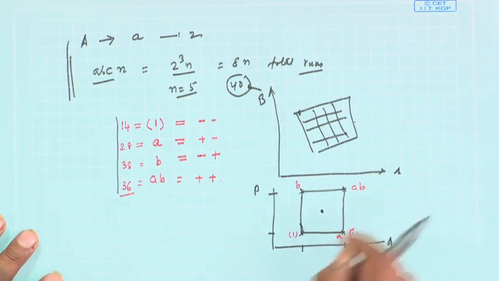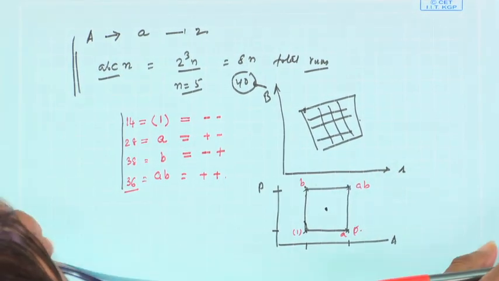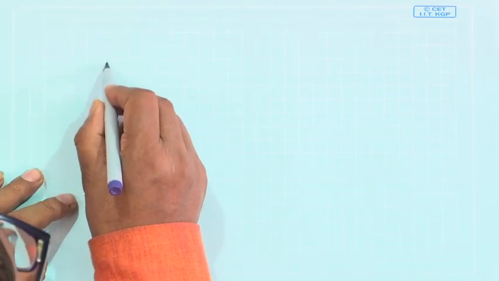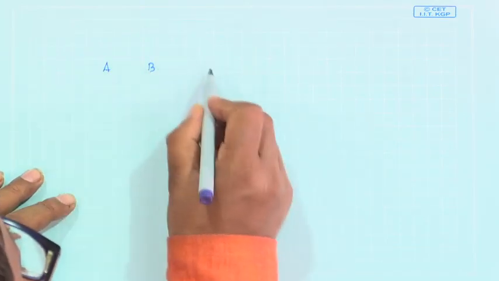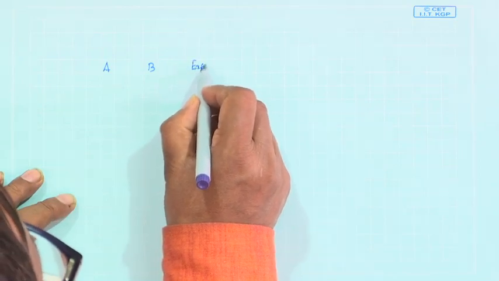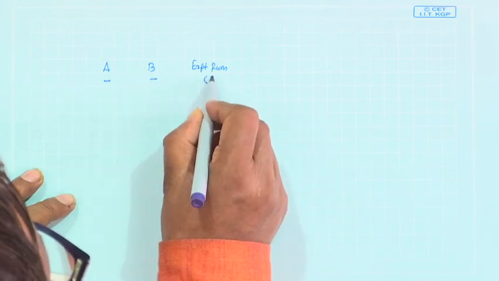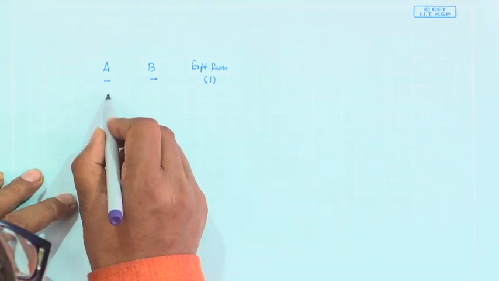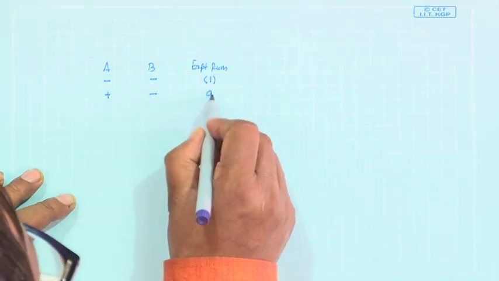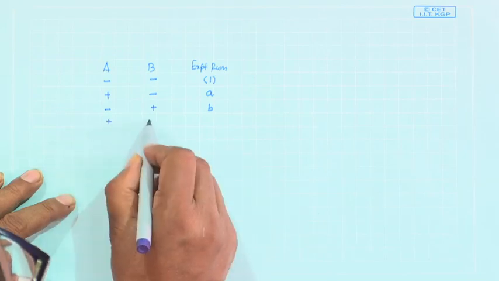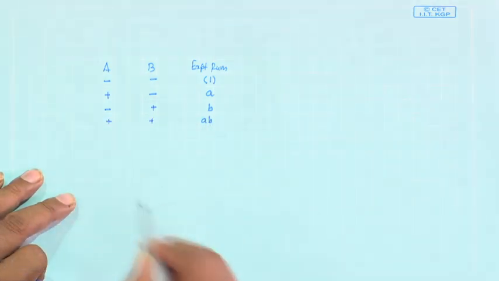So, what I mean to say is that the situation is like this: when A low, B low, A, B, and suppose experimental runs, low low, this setting is denoted by 1, then high low is A, low high is B, and high high is AB.